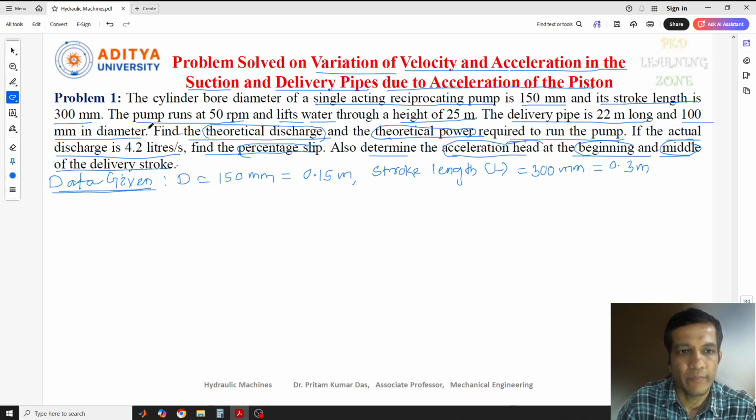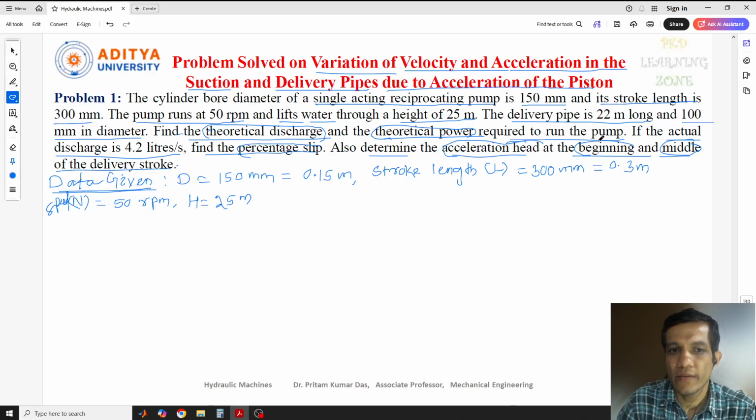After that, the pump runs at 50 rpm. The pump is running at a speed, that is N, which we write as 50 rpm. This is our speed. After that, it lifts water through a height of 25 meter, so the head is given. This is h equal to 25 meter, the total height.